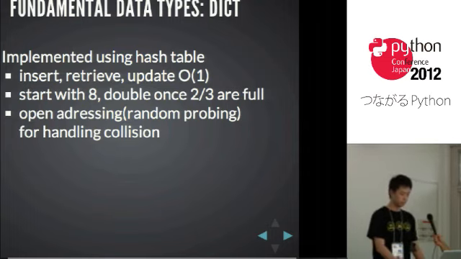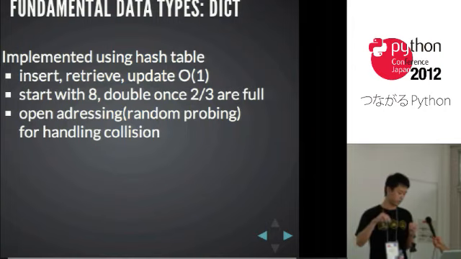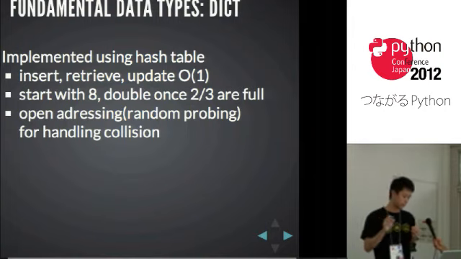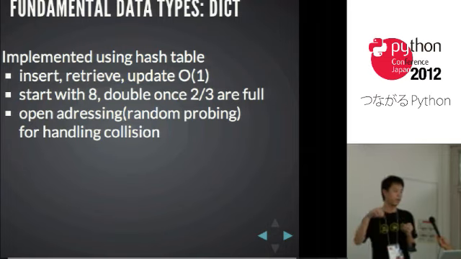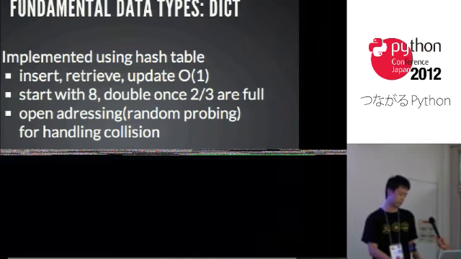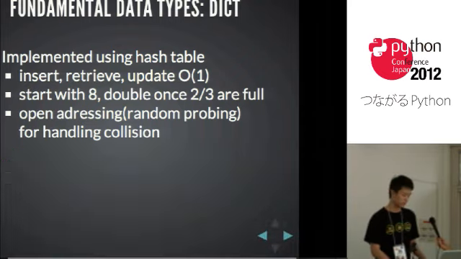For that, there are also two techniques. Linear probing: it just increases by one and puts it in the first empty bucket. Another technique, random probing, is instead of increasing one by one, it chooses a pseudo-random index and puts it there. It might sound slower, but in practice this is much faster. So Python uses random probing.